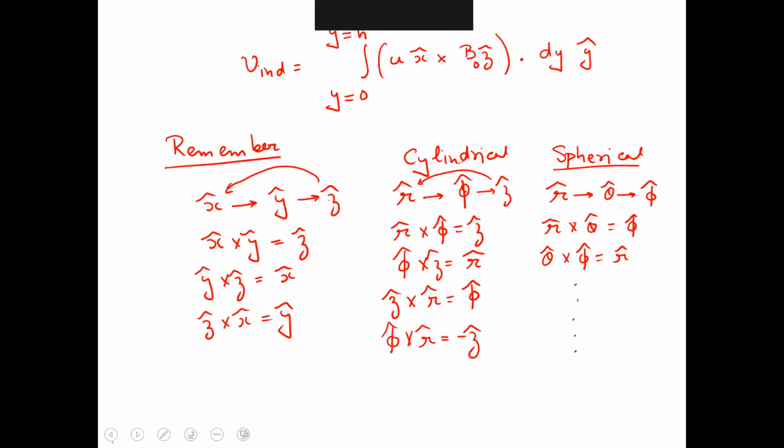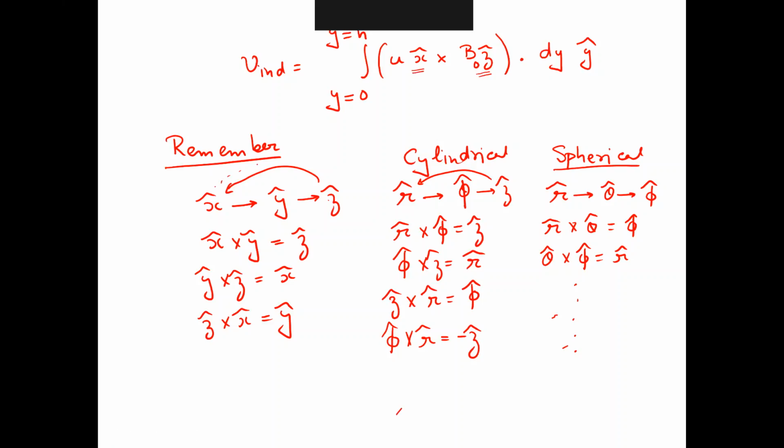Remembering these rules allows you to take these cross products, either when calculating magnetic fields or calculating V induced in this case, without playing with your left hand and trying to figure out what the rules are going to be. So if I go back to my example now, I have X cross Z.